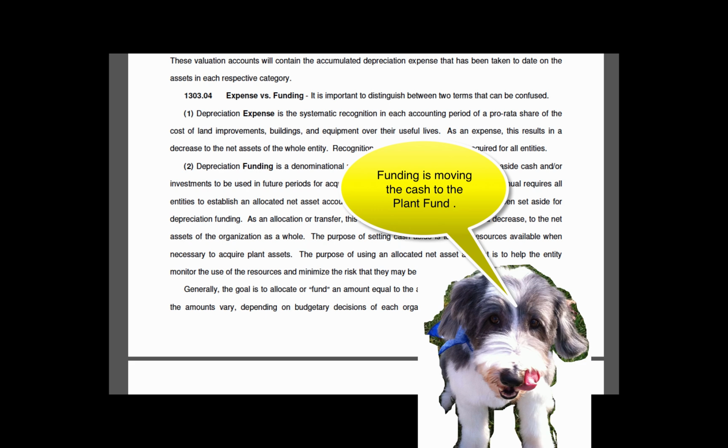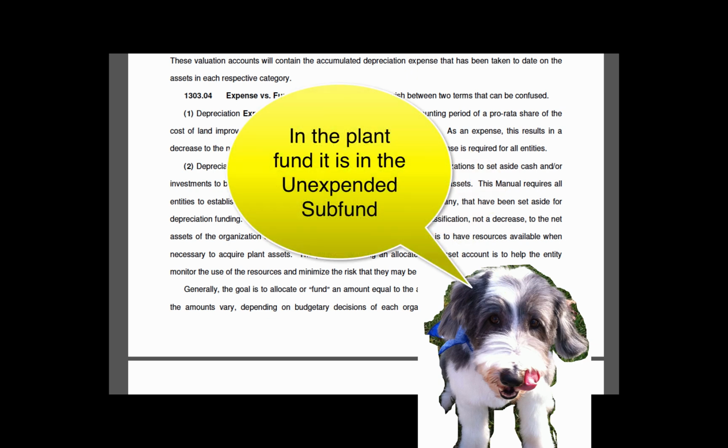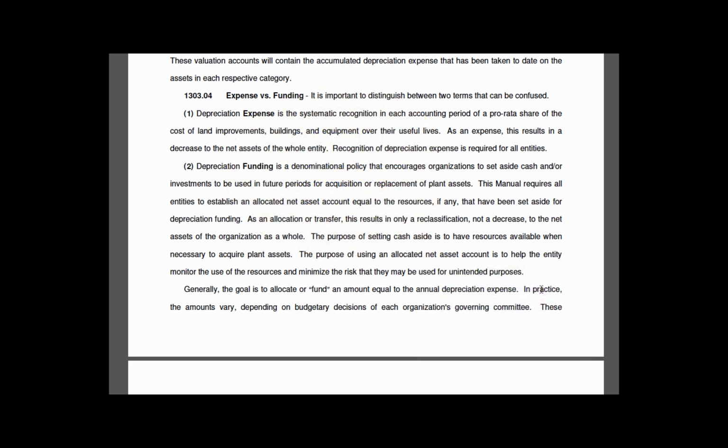That separate account is going to reside in our plant fund and be accounted for as an allocated function of the unexpended plant fund, within the overall plant fund. Sort of confusing, but it just squirrels that away. And it's basically a little bit of a savings to help us when it comes time to replacing the items that are wearing out.